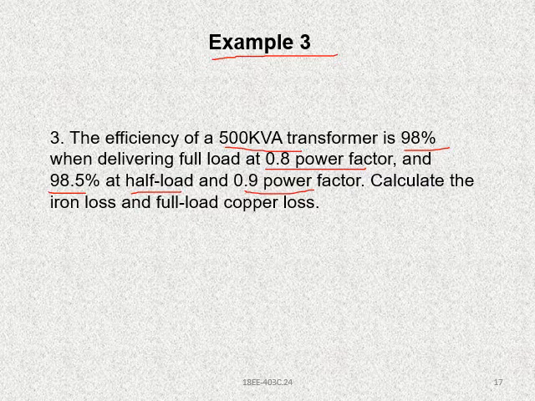In the previous case, he just asked us to find the efficiency of the transformer at some particular loads by giving the iron loss and copper loss. In this, he is asking us to find the iron loss and copper loss by giving the efficiency at two conditions: at full load with 0.8 power factor at 98%, and half load with 0.9 power factor at 98.5%.